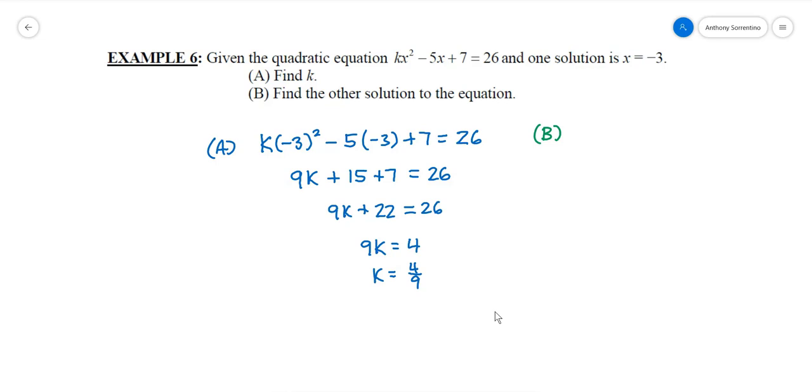my formula now is 4/9 x squared minus 5x plus 7 equaling 26. Now I'm going to have to use some sort of method to solve this equation.